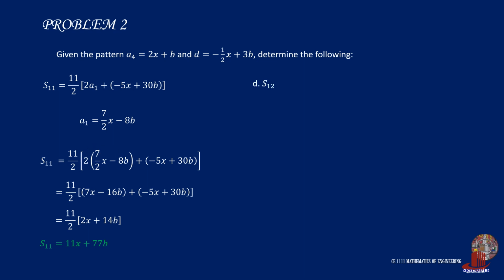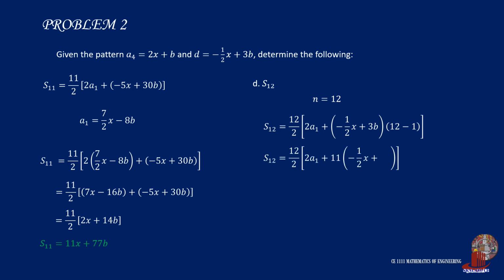Now it is easier to determine S12 using n as 12. The formula would turn as 12 halves of twice of a sub 1 plus the common difference times 12 minus 1. Work with 12 minus 1 and make the equation 12 halves of twice of a sub 1 plus 11 of negative half of x plus 3b.